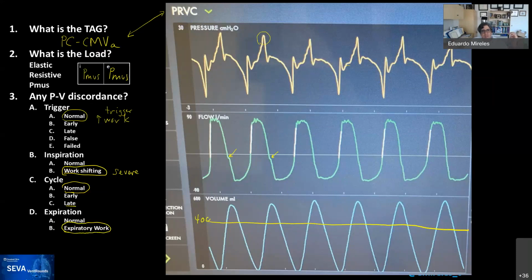So this patient essentially is breathing unassisted in terms of the inspiratory effort. They're not getting any support through that. And so that's the adaptive targeting.